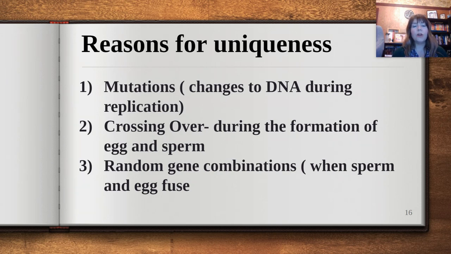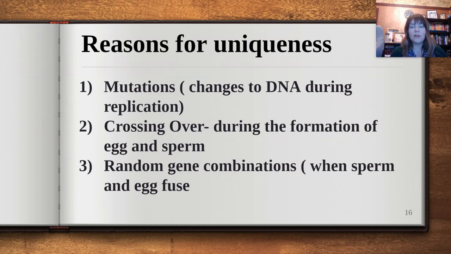We're going to learn this term crossing over in a little while, but essentially when you make an egg and a sperm, the chromosomes actually switch some information so that they're slightly different from each other. And then the other important understanding for the reason why you're a little bit different than your siblings, for example, is that random gene combinations, and we're going to see this in mitosis and meiosis, combine up. And then when an egg and a sperm fuse, it creates a whole different genetic code.